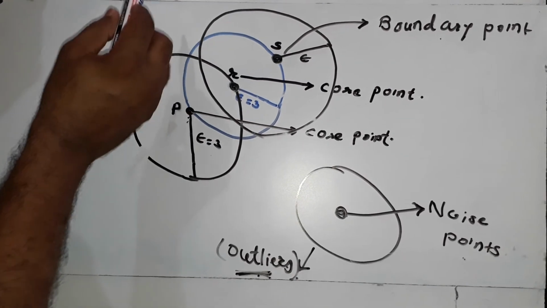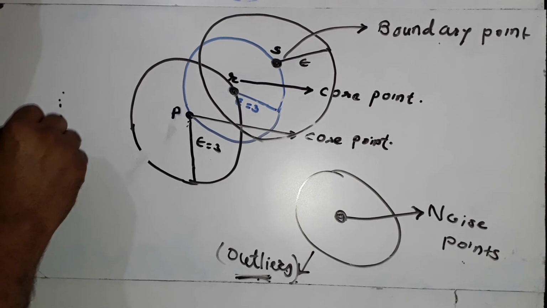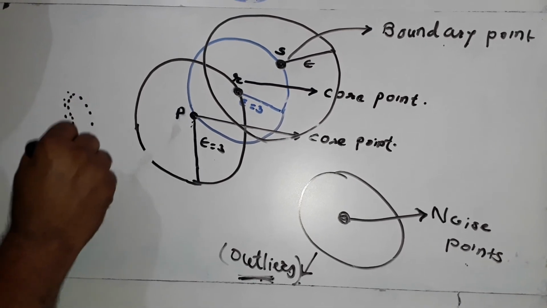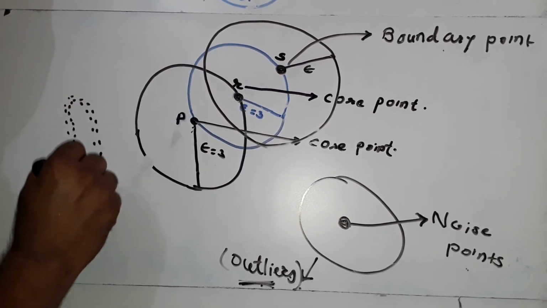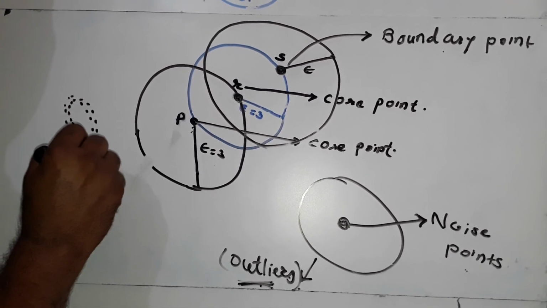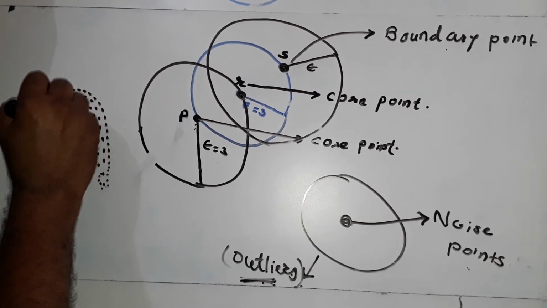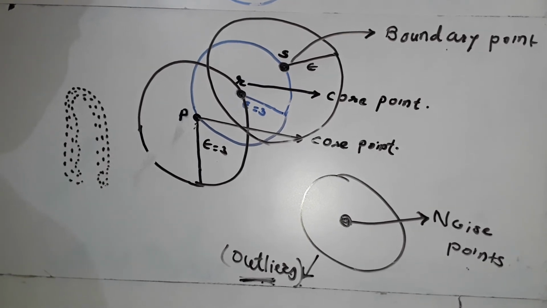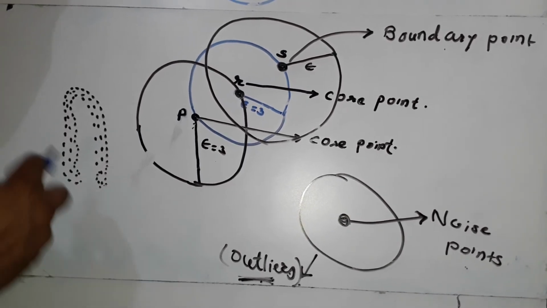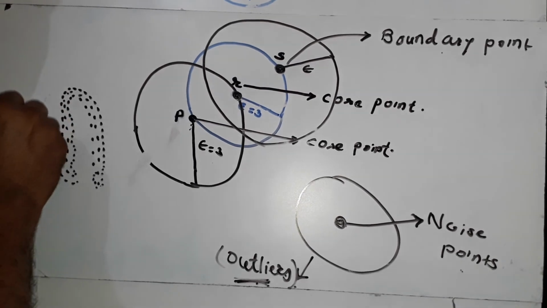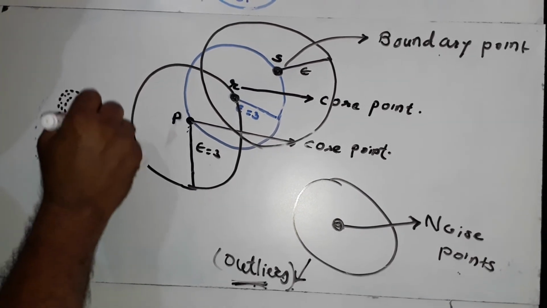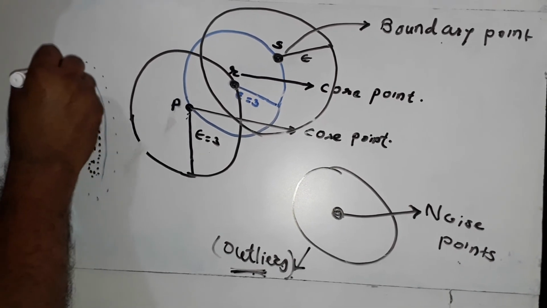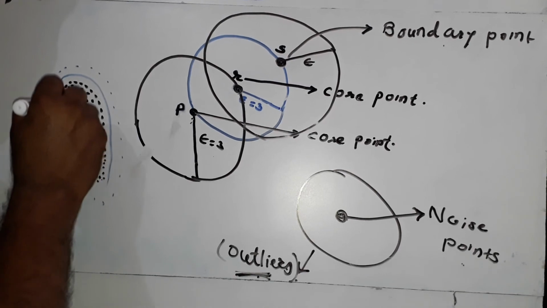As the name indicates, it is density based. You can identify the data points which are densely present in the data set and club them together, and there might be certain data points which are far away, so we can identify those data points as outliers.